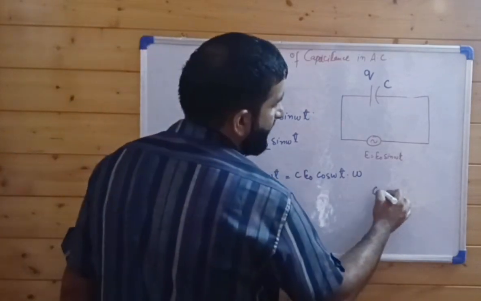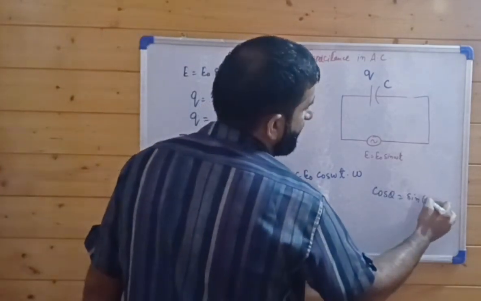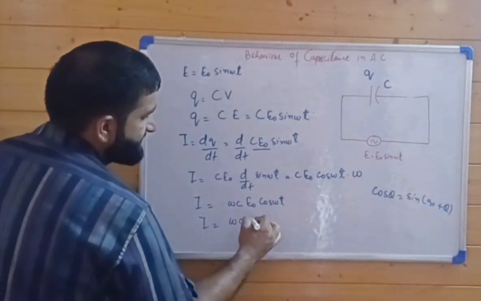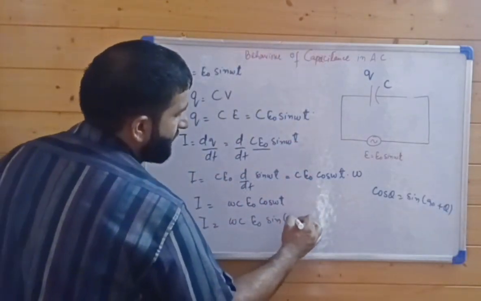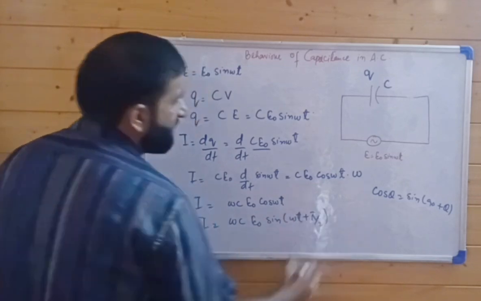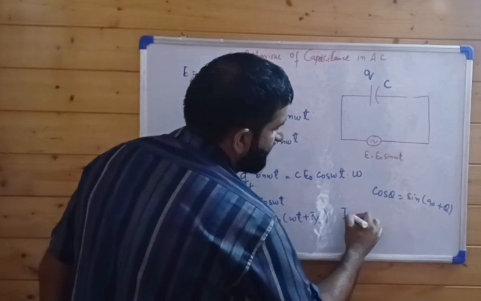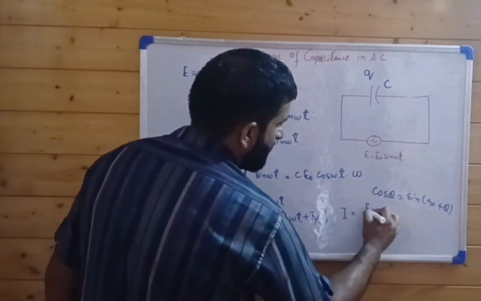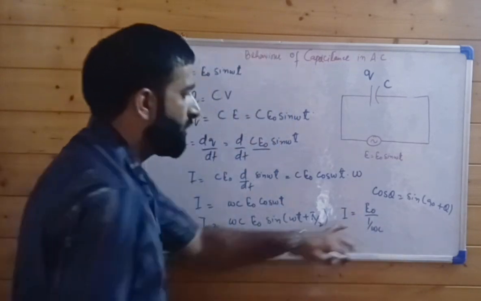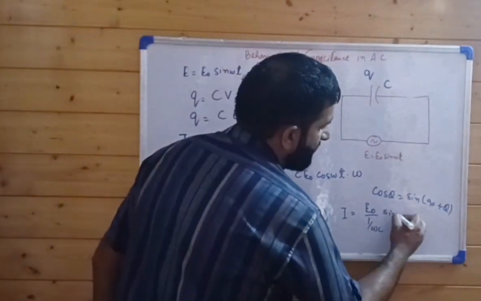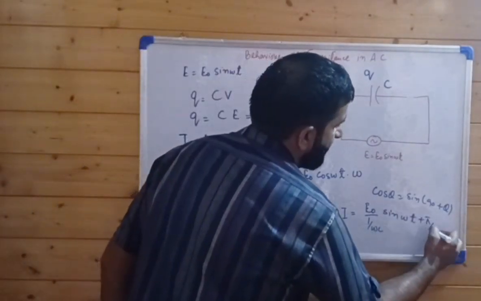We also have that cos of theta is equal to sine of 90 plus theta, and from that, I is equal to omega C E0 sine of omega t plus pi by 2, where pi by 2 is 90 degrees. Now we can write I is equal to E0 divided by 1 by omega C. If omega C comes to the numerator, it is the same, omega C into E0, sine of omega t plus pi by 2.